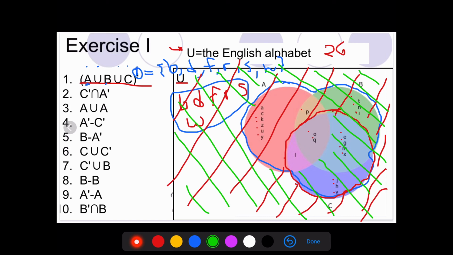All right, so now we want the intersection. Intersection means that remember the complement of C is red and the complement of A is green, so we want everything that is both red and green. We want all the areas that are both red and green.